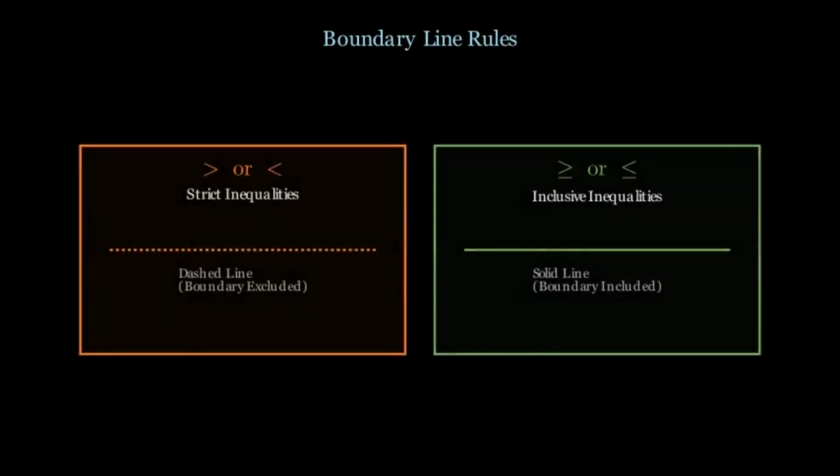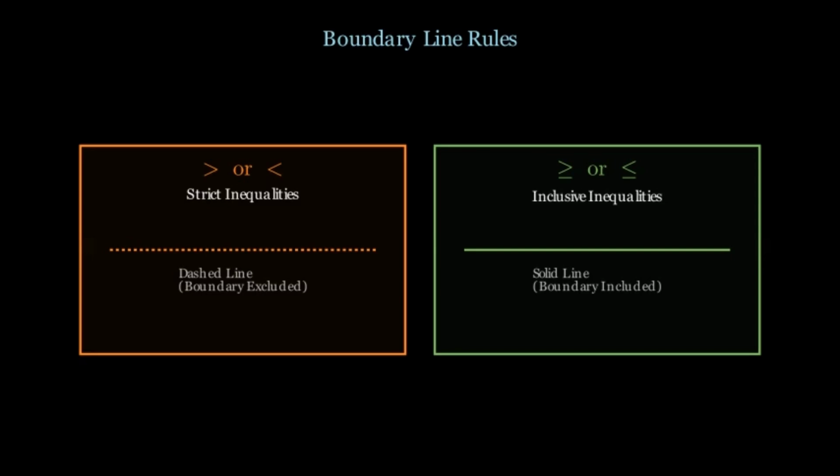One of the most important rules in graphing inequalities is knowing whether to use a dashed or solid boundary line. If the inequality is strict, using less than or greater than, the boundary itself is not included, so we use a dashed line. For example, if we have y greater than 2, the line y equals 2 is dashed.